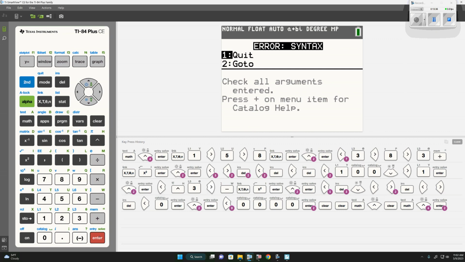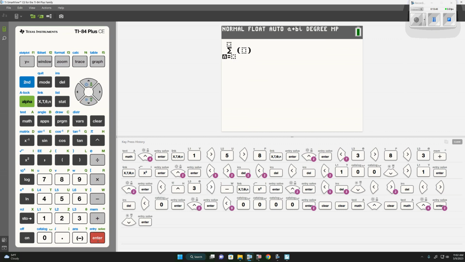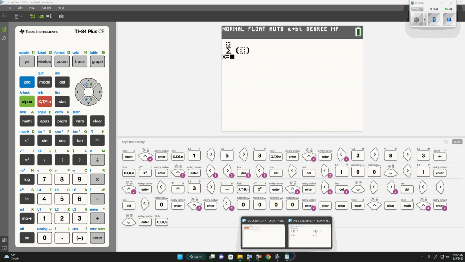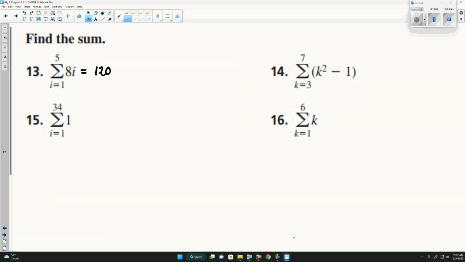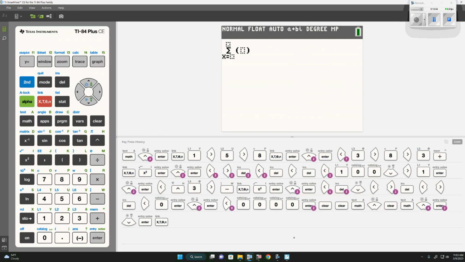If we hit enter on this, we have this. Now, the next one that we had, number 14, starts at 3 and goes to 7. So we can say x equals 3 to 7.